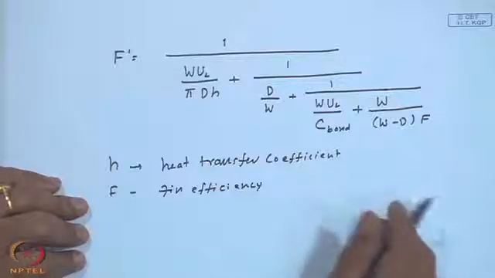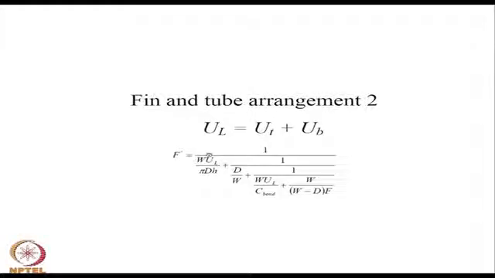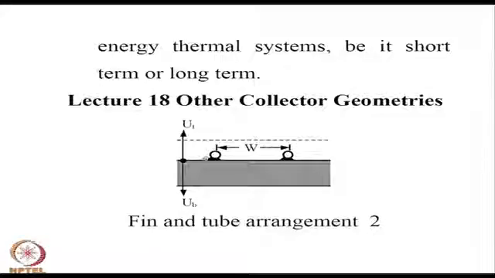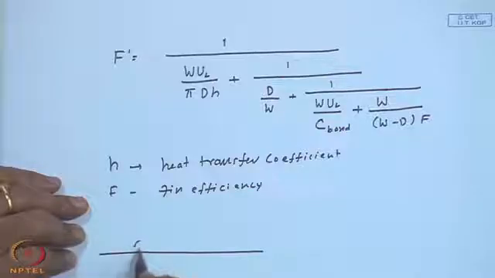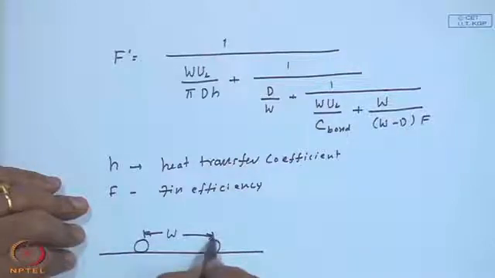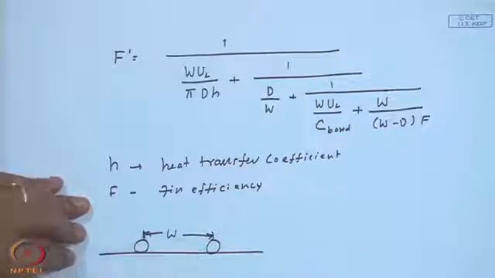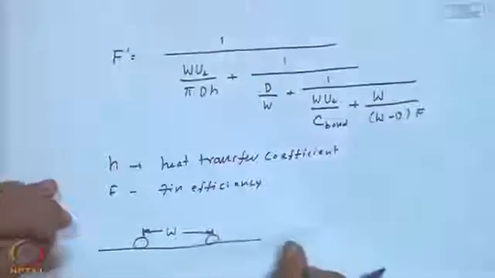W is the center to center distance between the tube and the tube. This is the way we have also defined when we were considering the tubes below the absorber plate.